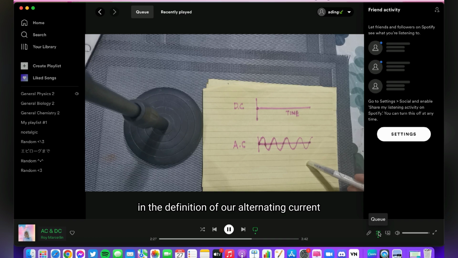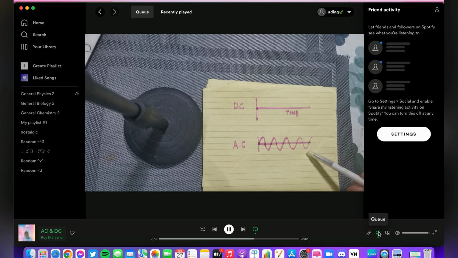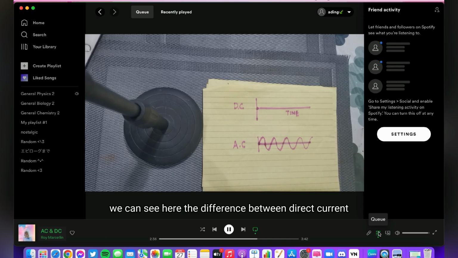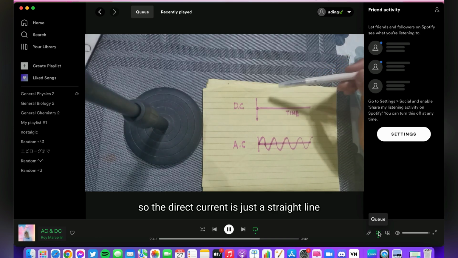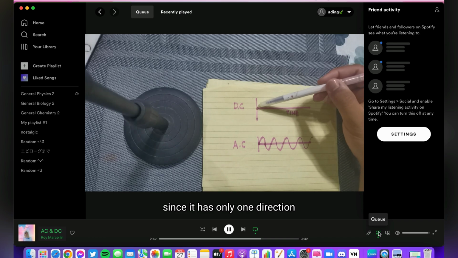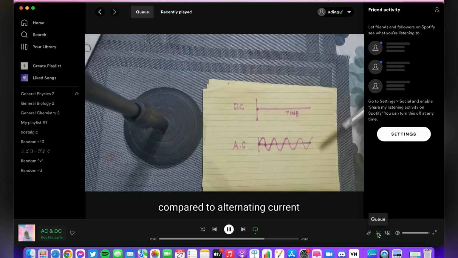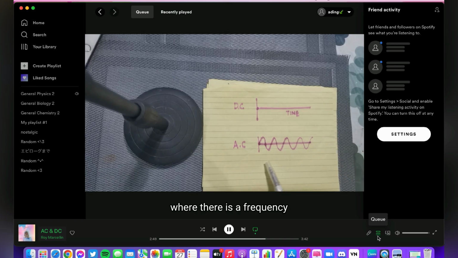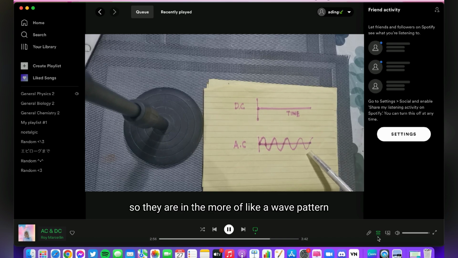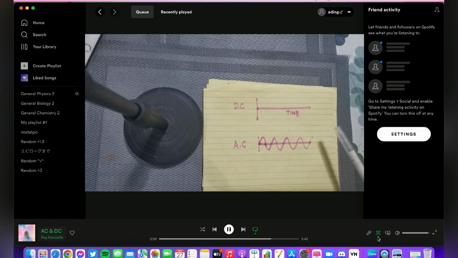If we graph the direction of the currents, we can see the difference between direct current and alternating current. Direct current is just a straight line since it has only one direction, compared to alternating current, where there is a frequency, so the graph is not straight but more like a wave pattern.